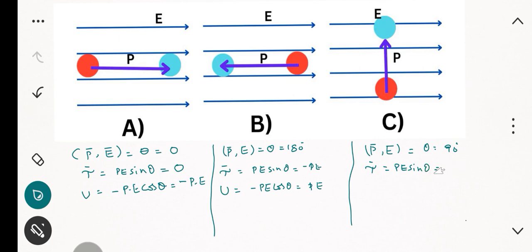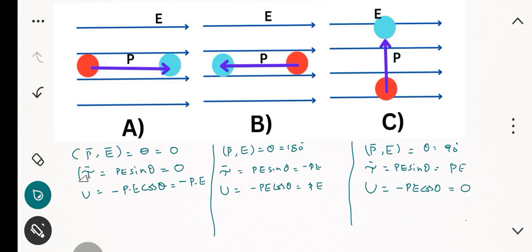Here theta is equal to 90, so sin 90 is equal to 1, therefore we get 1 into PE, which is equal to PE. And the electrostatic potential energy U is equal to minus PE cos theta. Cos 90 is 0, 0 into minus PE, which is equal to 0.